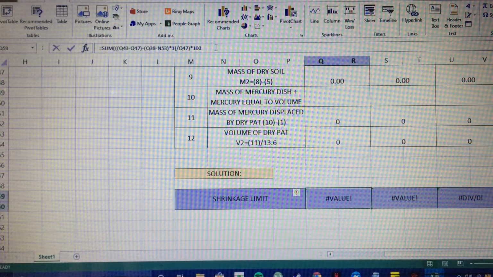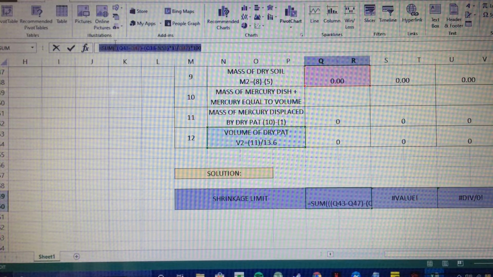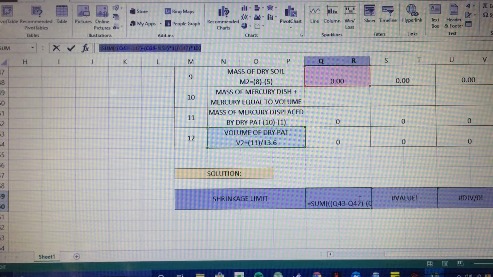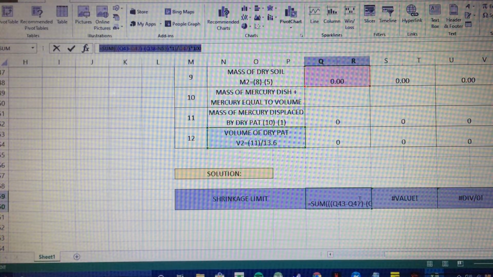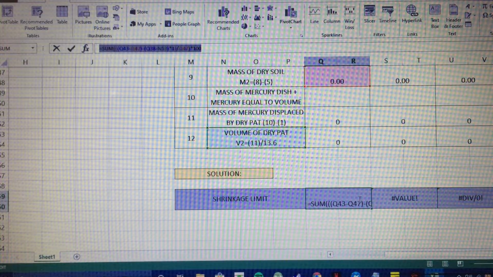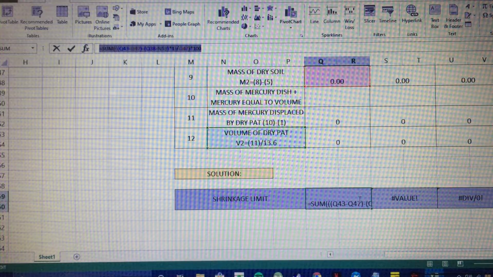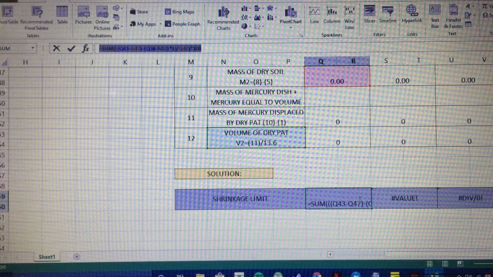So, dito, nilagay ko lang yung formula nung shrinkage limit, which is again mass of wet soil minus mass of dry soil minus the volume of wet soil minus volume of dry soil times the density of water over the mass of dry soil.